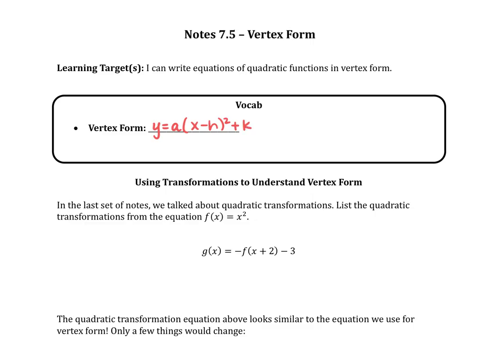You might actually recognize this kind of form because it should remind you of transformations. So if I look at this equation right here, I'm going to look at this negative sign, and remember what that tells me is that this is a reflection over the x-axis.